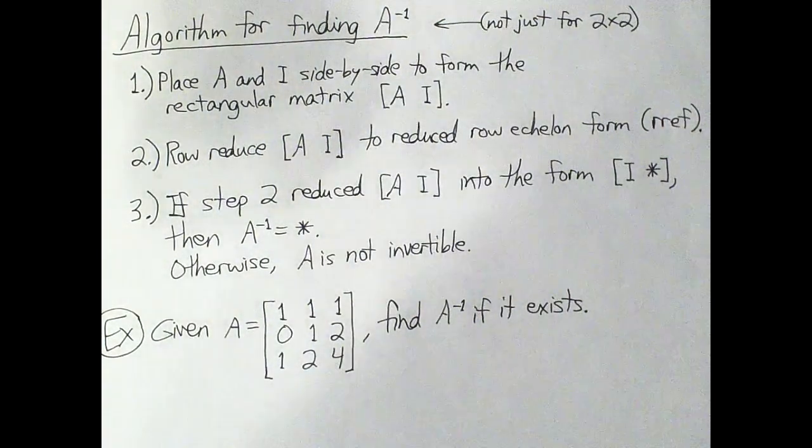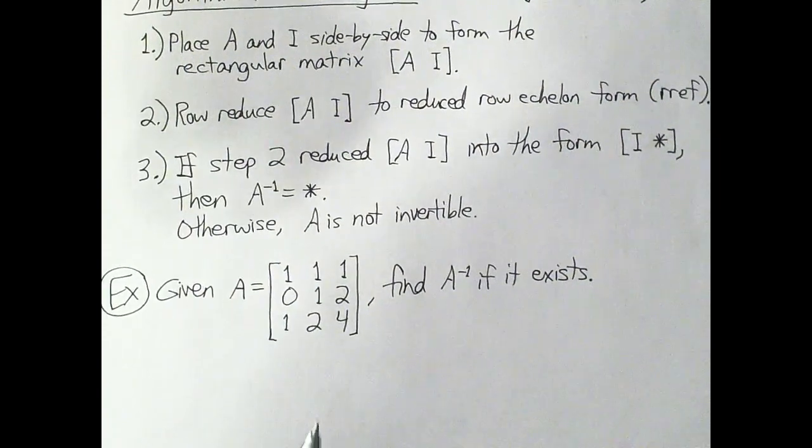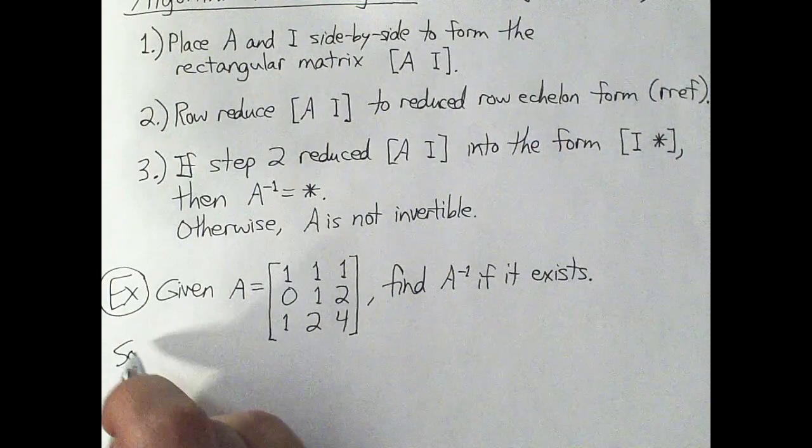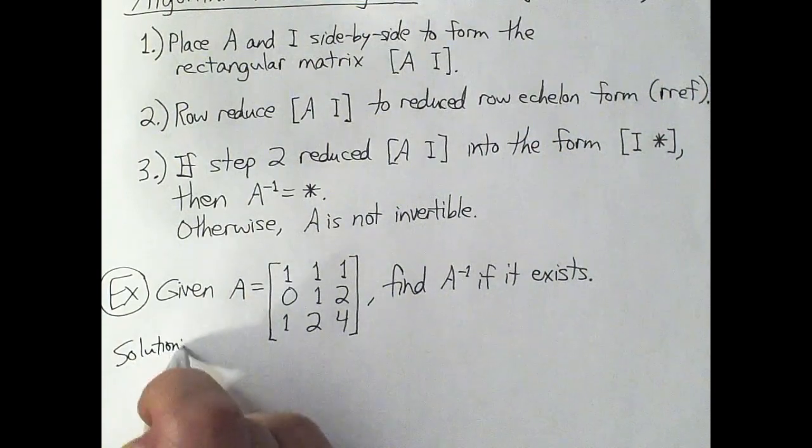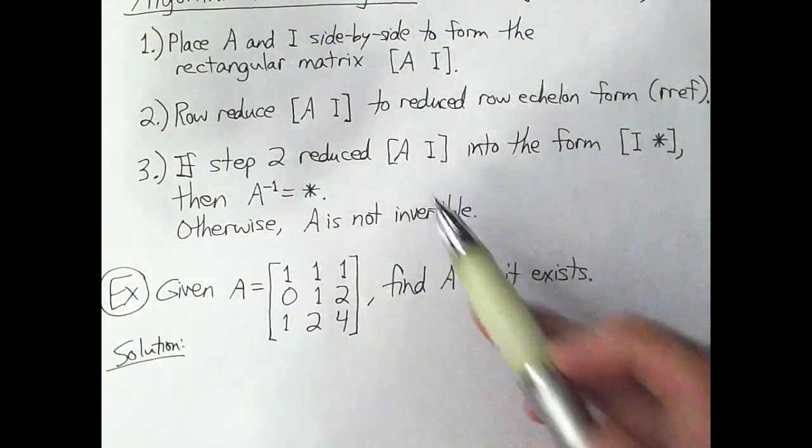I can't check the determinant yet, at least at this point in the course, because we only have a formula for 2x2s. So we can't even use that as a shortcut to figure out whether or not this is invertible. That's okay. We're just going to get started on this algorithm, and the algorithm will tell us whether or not it's invertible.